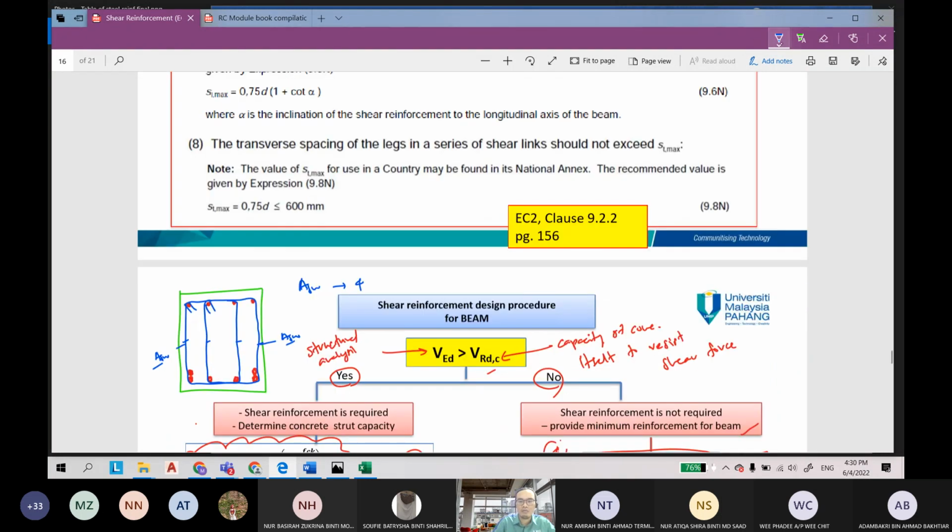Once you are working later, you must know which page to refer to in the code, either the BS code or the Eurocode. The maximum is 0.75D, but must be less than 600 mm. So 600 mm is the maximum.